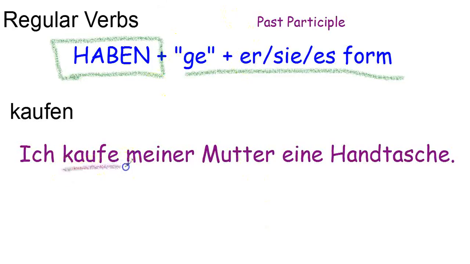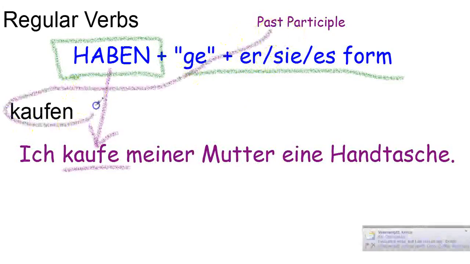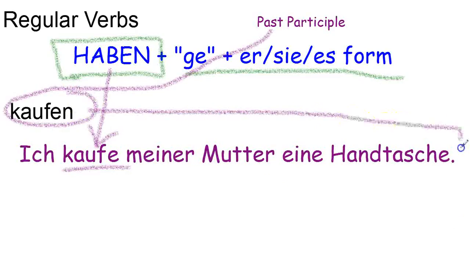So we want to now take this tense. I'm going to go from present tense to past tense. So this is what needs to occur. The first thing is we need a helping verb. And that helping verb is going to take the conjugated verb position. The second thing that we need is a past participle of the main verb, which is kaufen, and that is going to now go to the end of the sentence, okay?